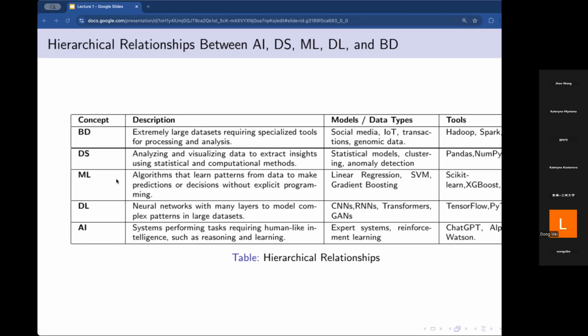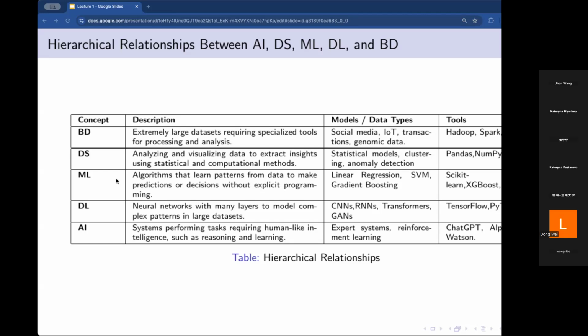All these concepts are interconnected, where each component builds on the previous one. Big data provides the raw material for data science, which extracts knowledge, allowing machine learning to develop predictive capabilities.